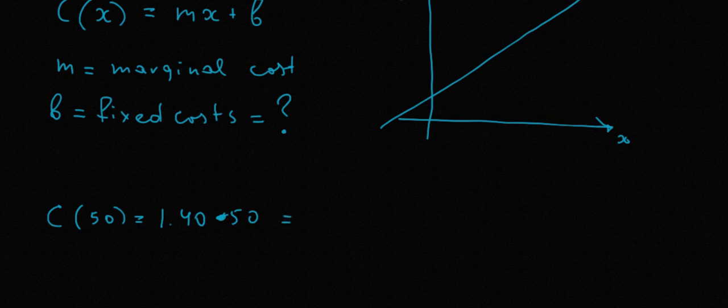Therefore, the total cost is 140 times 50, and that's going to be $70. And this gives us 1 point on the line, which is the graph of the cost versus the production level. 50, 70 is the point on that cost line.